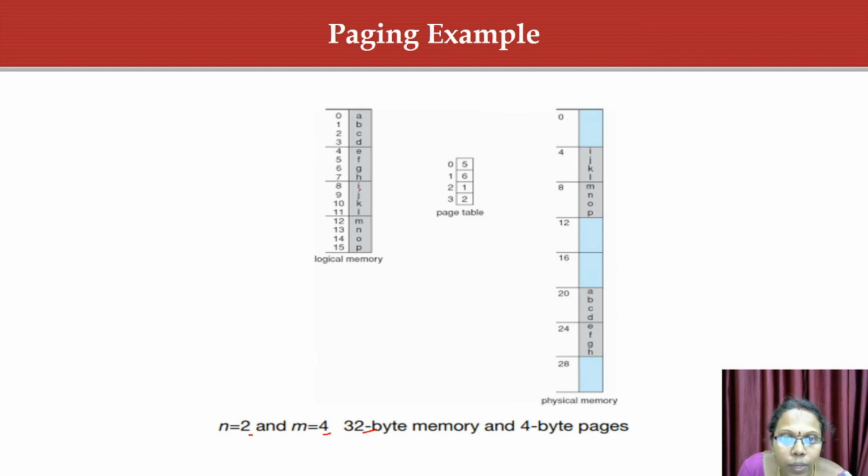The logical memory is divided into 4 pages. Page 0 is located in frame number 5, so the base address of page 0 is frame number 5. Now how is logical address 1 mapped?